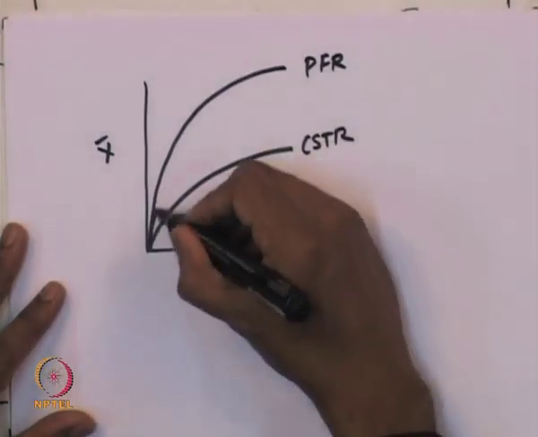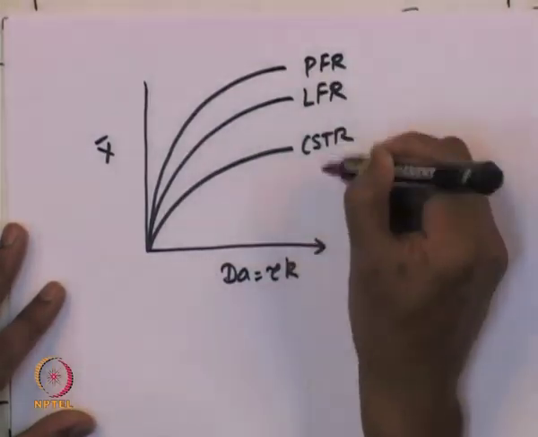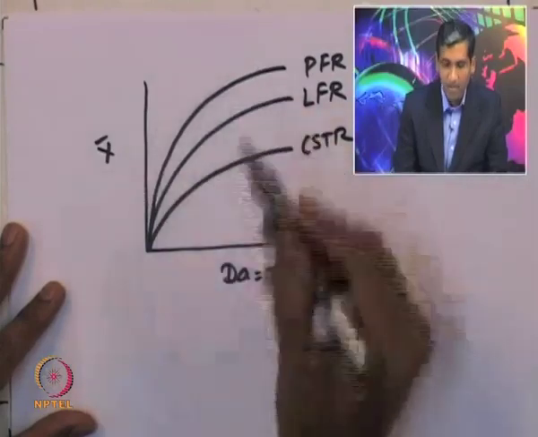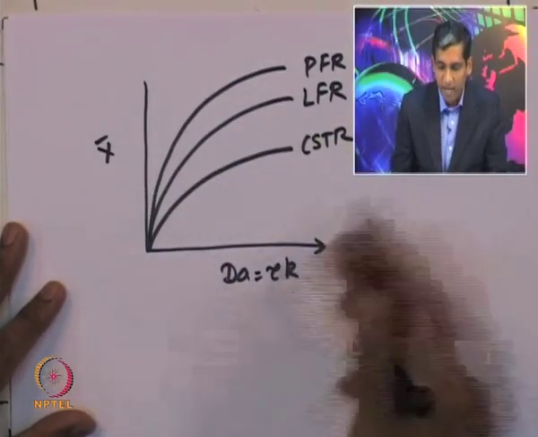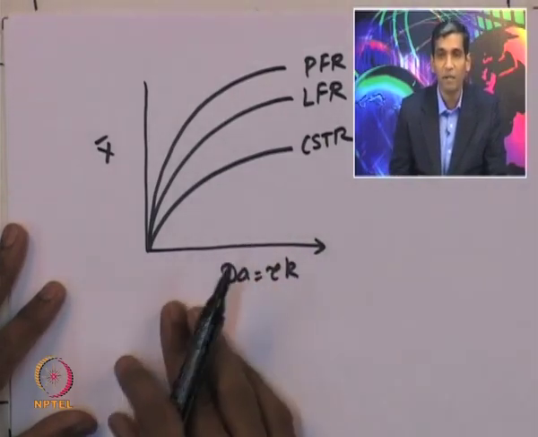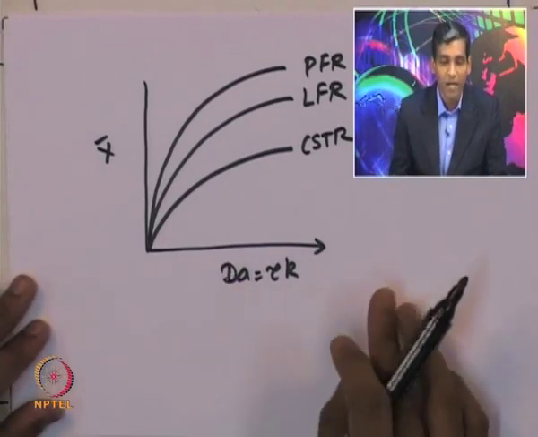Remember, this is for a first order reaction, and the laminar flow reactor would be somewhere in between. So, the plug flow reactor and the CSTR provide a bound for the predicted conversion of the first order reaction in a non-ideal reactor, and such plots can be generated for reactions of other orders and other types of kinetics.